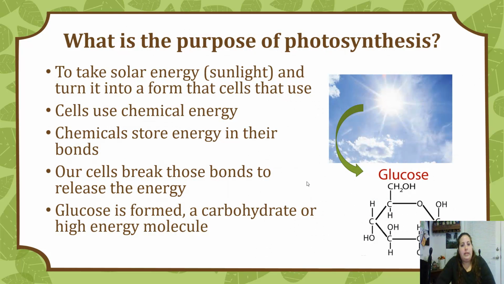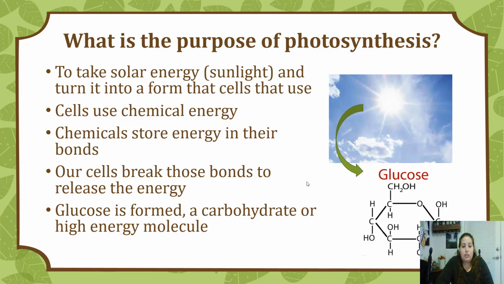So why do we need to do photosynthesis? What is its purpose? Remember that the sun is the ultimate source of energy for all life on Earth. But our cells can't use sunlight energy. We have to have a go-between, and that's where the plants and all the autotrophs come in. They can take solar energy, sunlight, and turn it into a form that our cells can use, chemical energy.